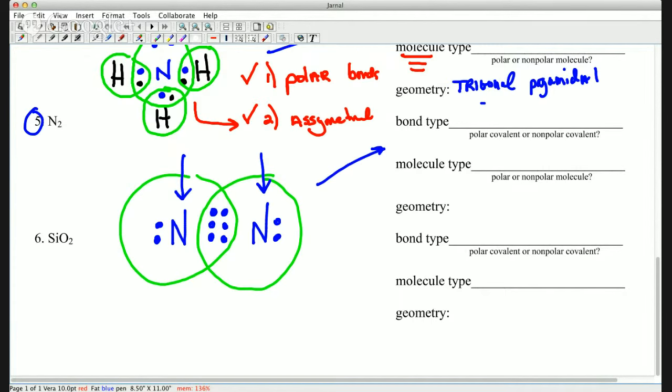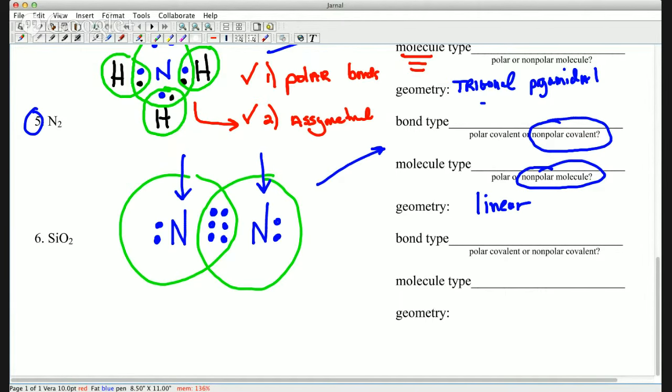So this would be a non-polar covalent bond. And the molecule type would have to be non-polar, right? Why? Because you don't have a polar bond anywhere. There's no unequal distribution of electrons anywhere in this. So how could it ever be polar? Not only that, it's symmetrical on both sides. And of course, the geometry of 2 atoms can only be linear.